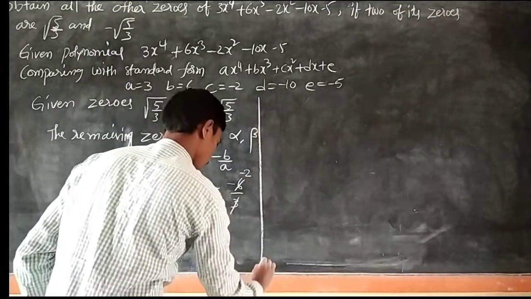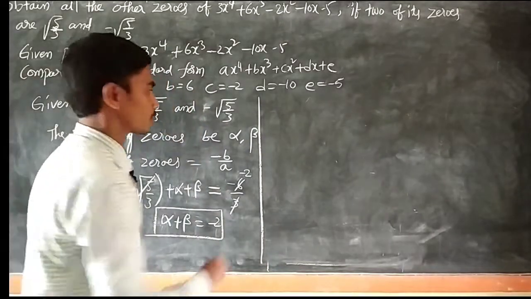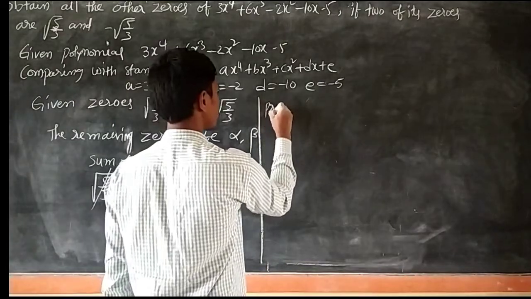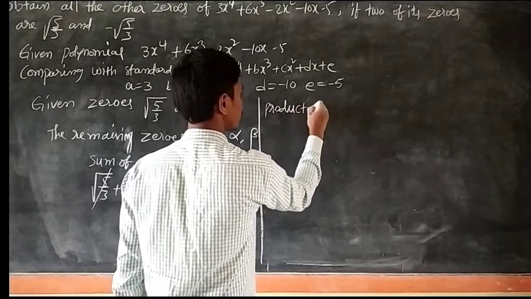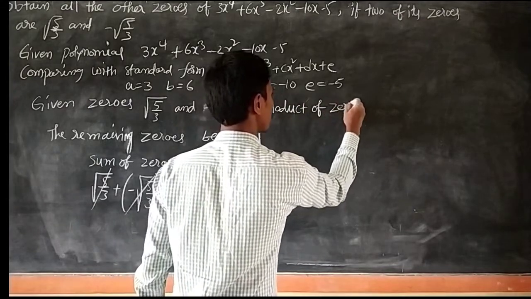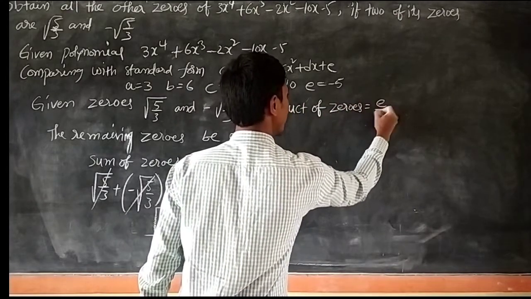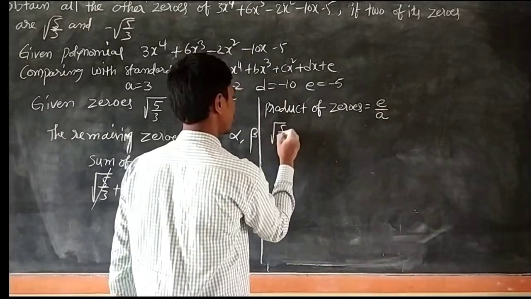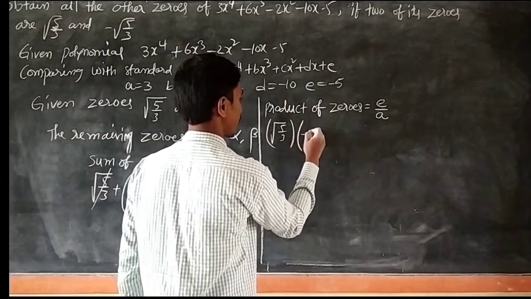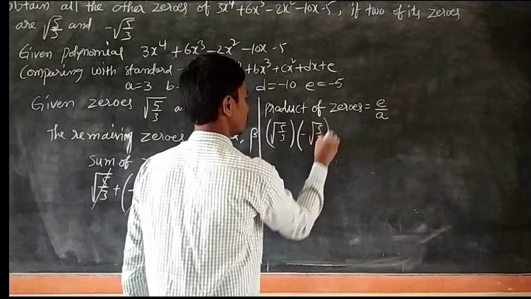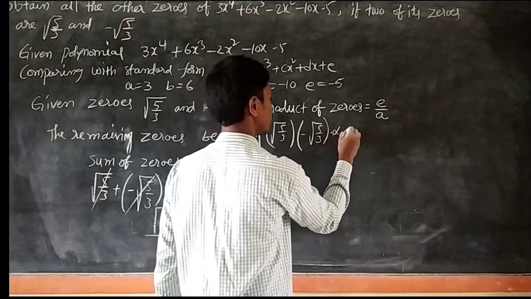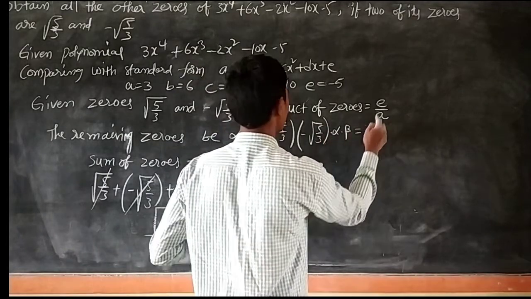Next, we know another relation, product of zeros is equal to e by a: square root 5 by 3 into minus square root 5 by 3 into alpha into beta, that is equal to e by a.